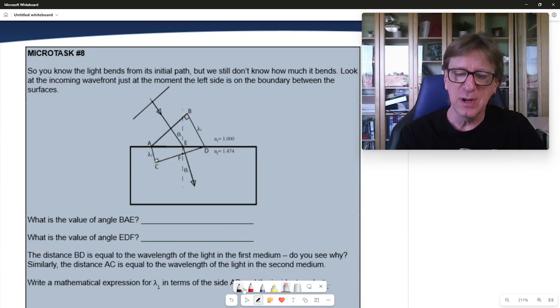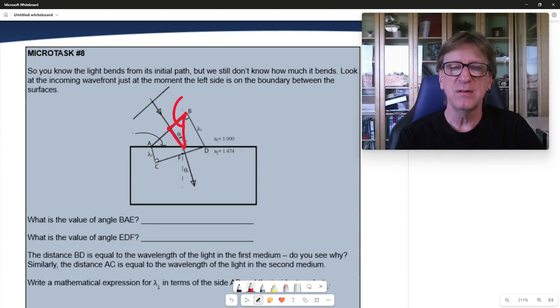And to figure this out, we're going to have to be really careful and watch our geometry. We're going to just step through some angles here. So first step is we need to figure out what is the value of this angle BAE, that angle right there. All right. So we are interested in this angle right there. All right, so to start off with, if this angle is theta I, what is the angle B up here?